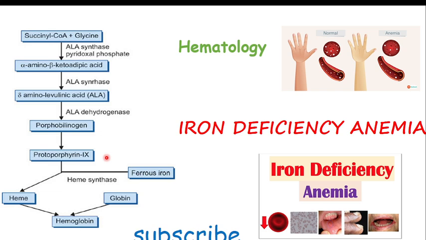So before talking much, let us have a look at hemoglobin synthesis, but only a little bit because it is not the story of today. The story starts with succinyl coenzyme A, which reacts with glycine in the presence of ALA synthase as the enzyme, and pyridoxal phosphate as cofactor. Next is alpha-amino-beta-adipic acid, which in the presence of ALA synthase forms aminolevulinic acid.